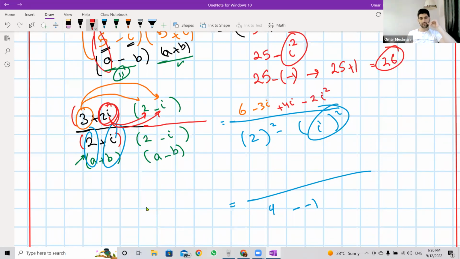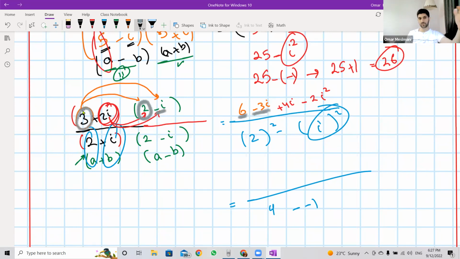Can you repeat what you did in the orange and red? The one, 6 minus 3i. 6 is 3 times 2. Minus 3i: I distribute the 3 over both terms, 3 times 2 is 6 and 3 times minus i is minus 3i.